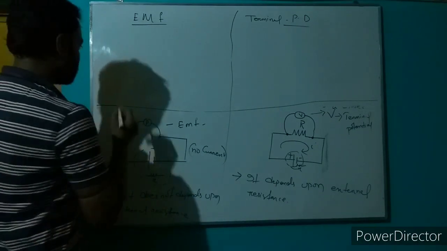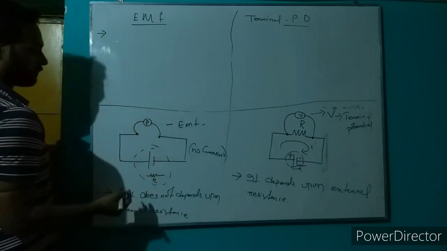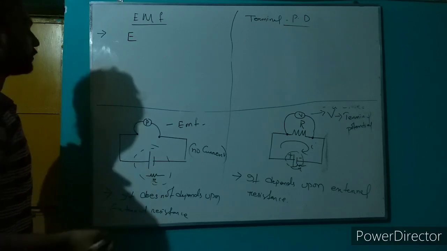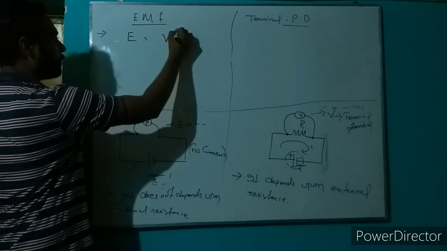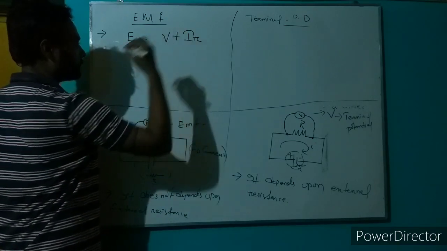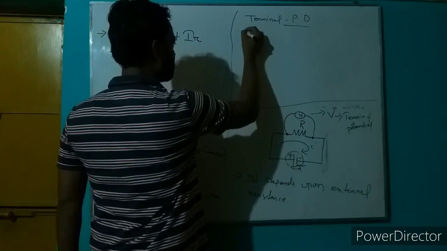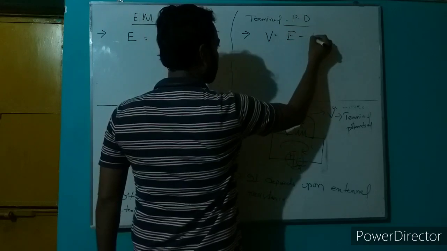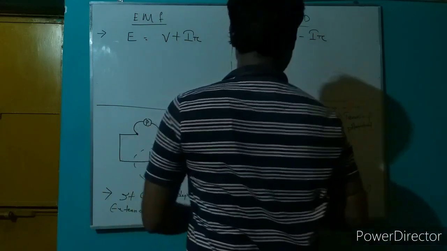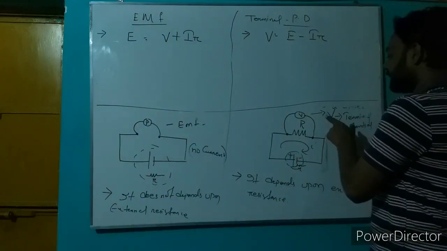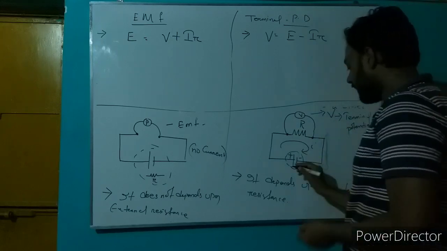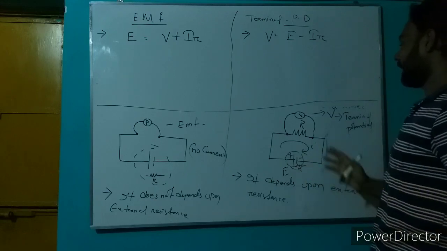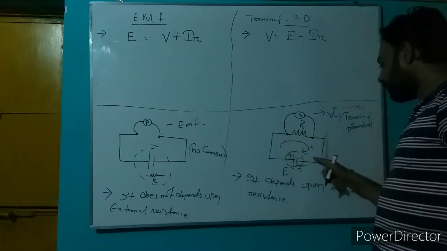Here next point is E equal to V plus Ir. That represents V equal to E minus Ir. That means V equals the total EMF E which is provided by the cell, and there is a current flowing through the circuit.